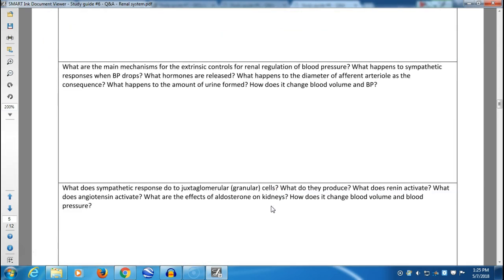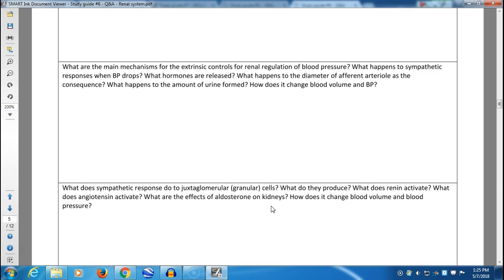Extrinsic control. So what are two major mechanisms for the extrinsic control? Well, it's not two actually, it's more than that. In the situation with extrinsic control, if blood pressure increases, what is the easiest mechanism to decrease it?